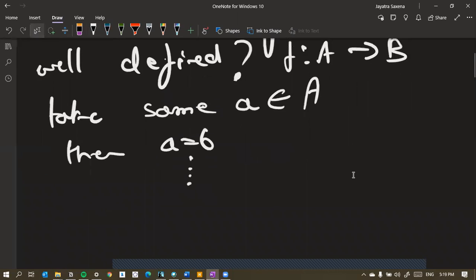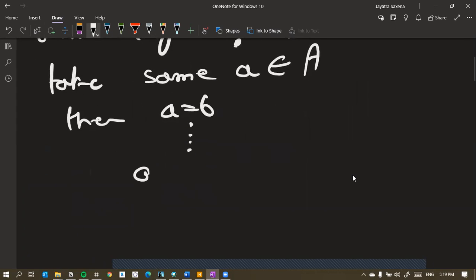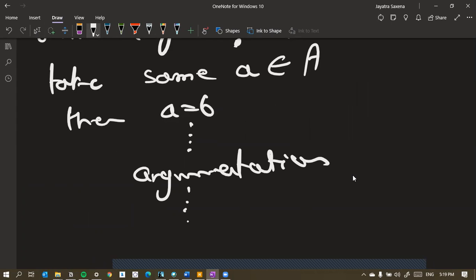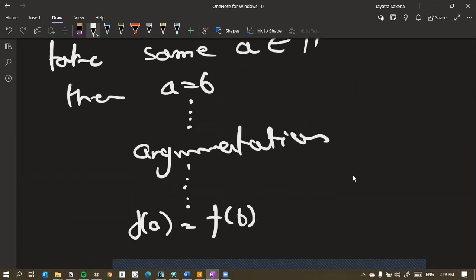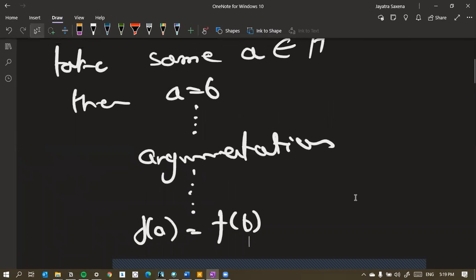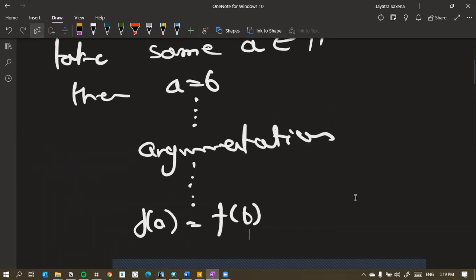You do some argumentation, and then you basically get the result f(a) is equal to f(b). So what this proves is that one element will only go to a unique element in B.